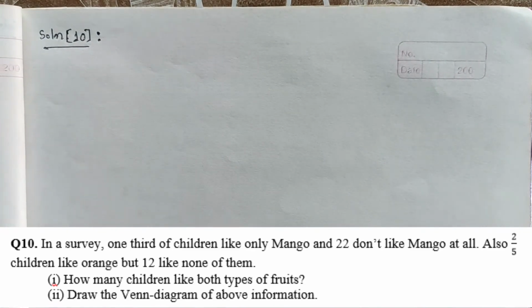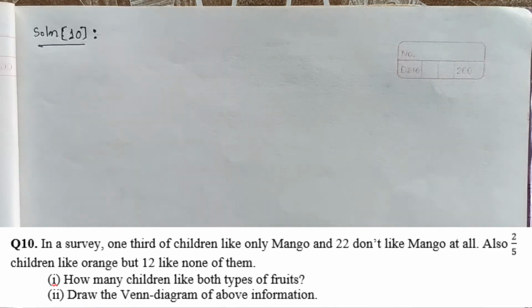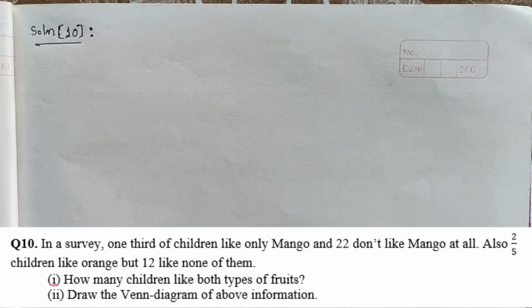We don't know the total, so we have to let x be the total, and 2/5 of x is given who like orange. But 12 like none of them, the complement of mango and orange is given, 12. And here we have to find how many children like both types, meaning you have to find the intersection number, and you have to show them in a Venn diagram. Okay, so let's do this question number 10.